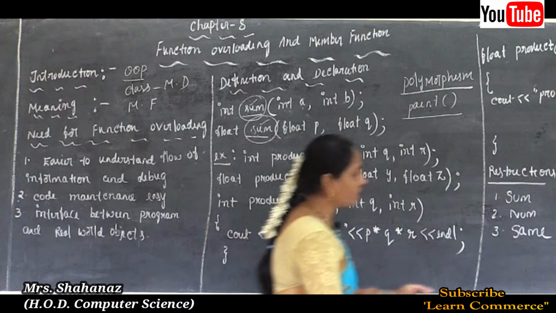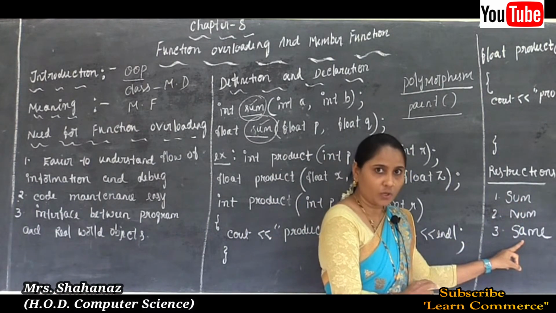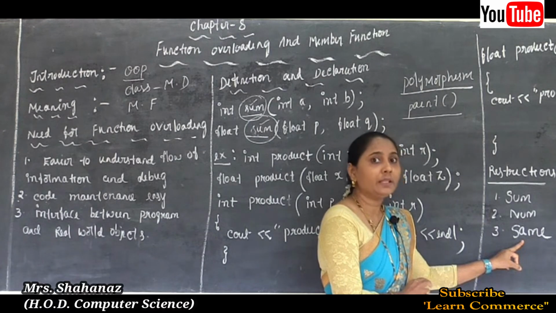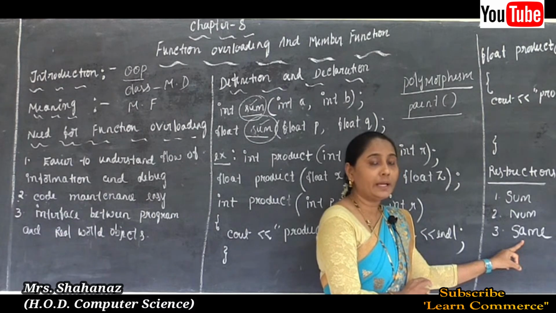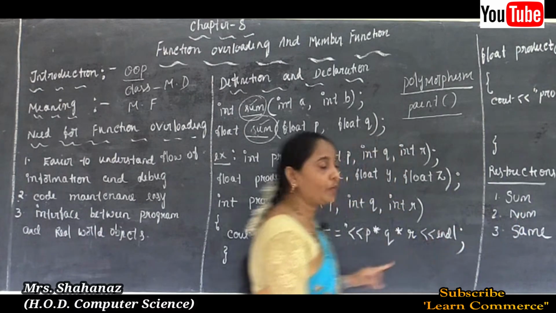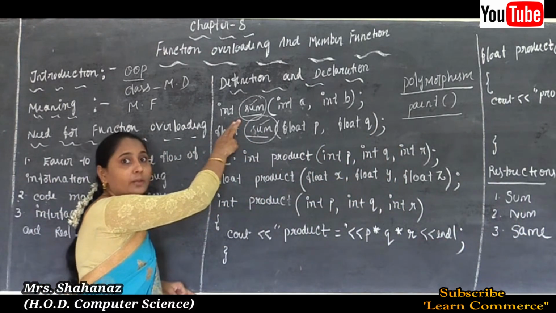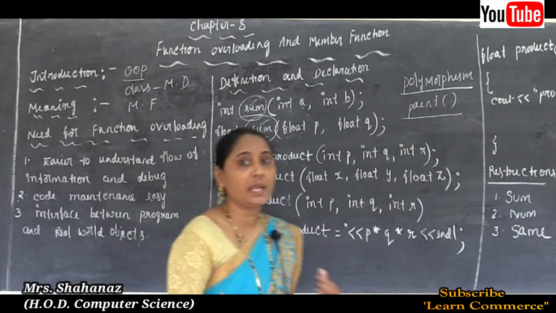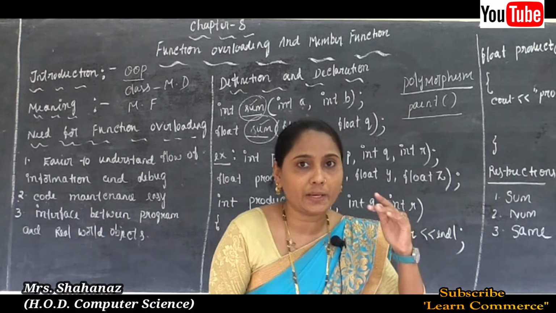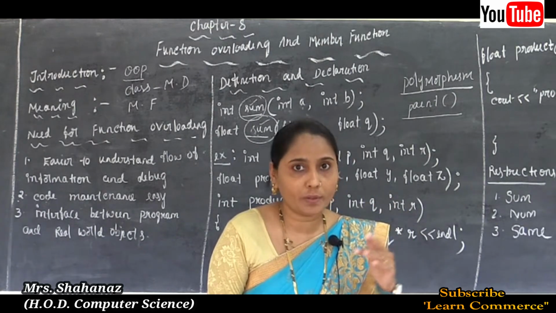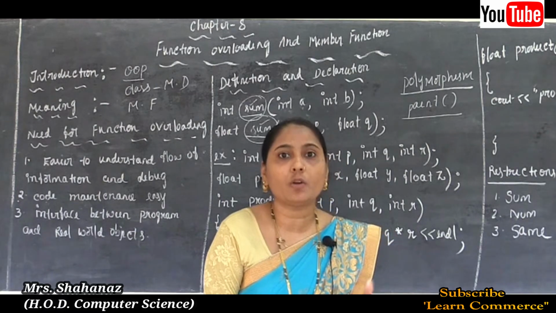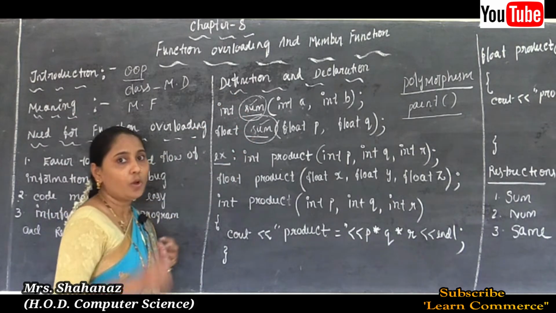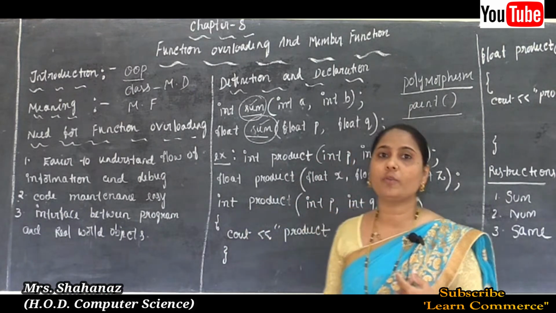Instead of using different function names for different operations, which makes code execution slow, if you use the same function name, the code executes much faster, and our compiler automatically chooses the appropriate function by comparing the argument types. So this is the first advantage of function overloading.